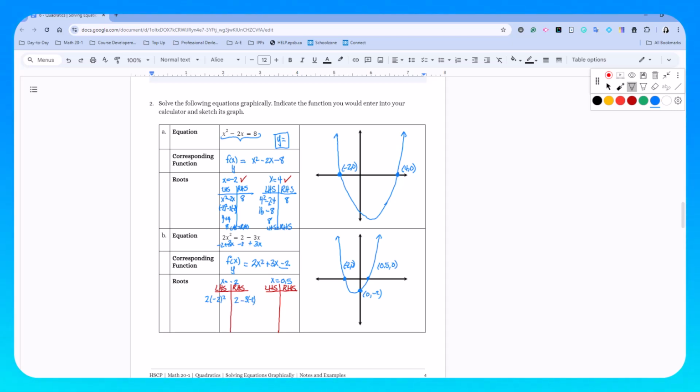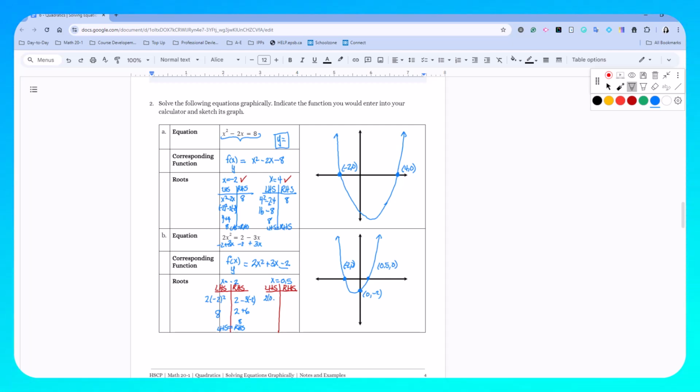Let's see if this holds true. Well, negative 2 squared is 4. 2 times 4 is 8. This one here is 2 minus 3 times negative 2, well, that's plus 6, also equals 8. Left-hand side definitely equals the right-hand side. That's verified.